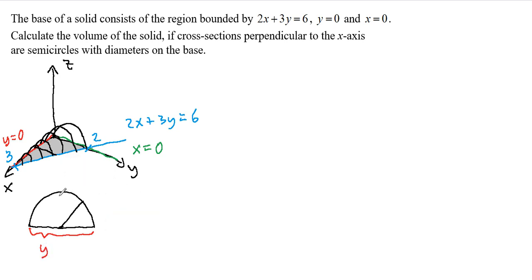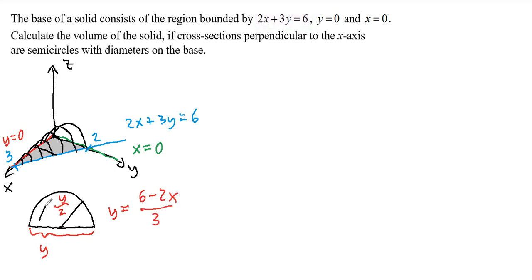That means my radius must be y over 2, half that of the diameter. Since we know that 2x plus 3y is equal to 6, we need to solve this for y and get that y is equal to (6 minus 2x) over 3.